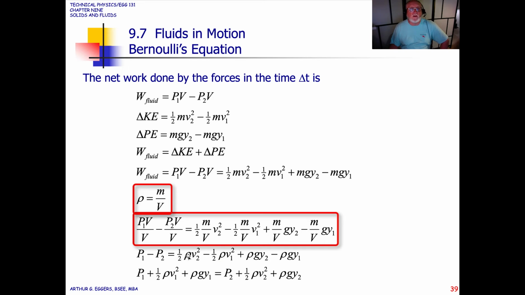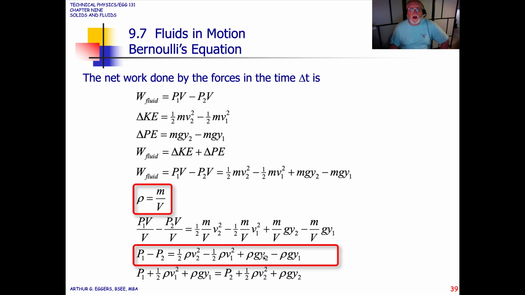So 1/2 rho v2 squared minus 1/2 rho v1 squared plus rho gy2 minus rho gy1. So all we're doing is manipulating these relationships so that we can come up with something that is meaningful in the world of ideal fluids.